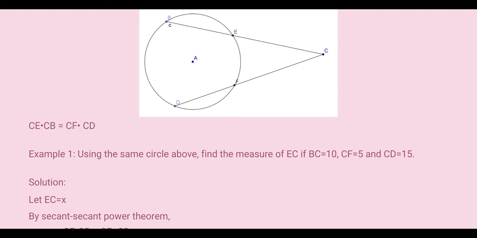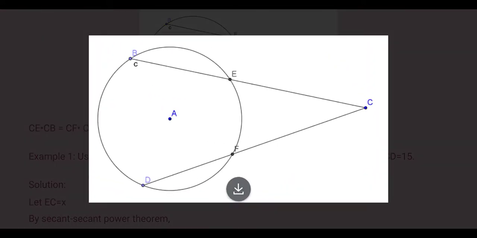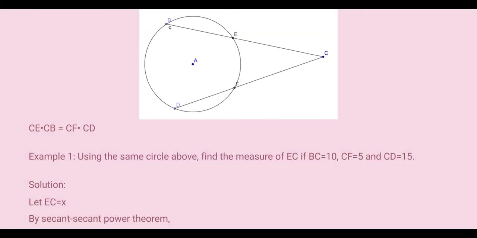Yung BC, mula B hanggang sa C, yun yung total secant segment nung unang segment. Yung CF, which is 5, siya naman yung external secant segment ng pangalawang secant. Tapos, yung 15 is the total. From C hanggang D, it measures 15 units.